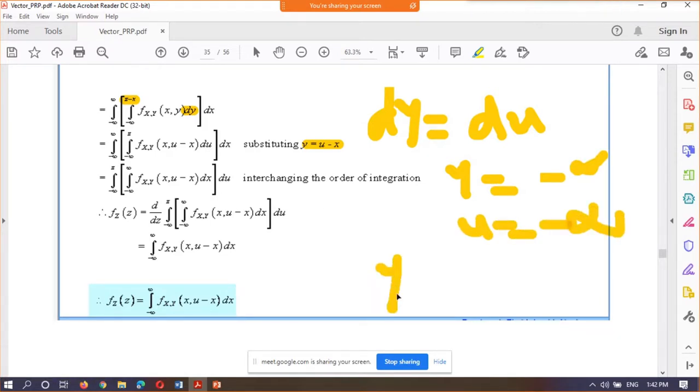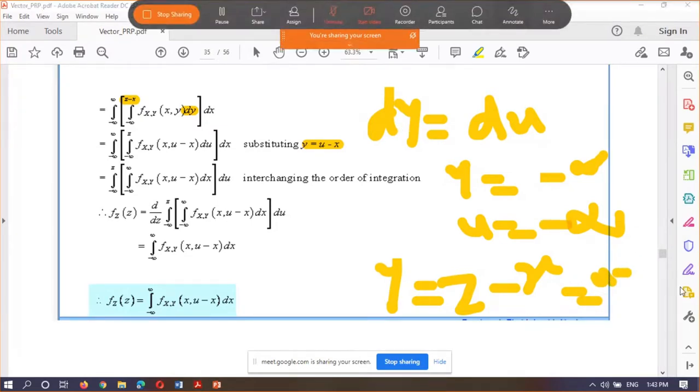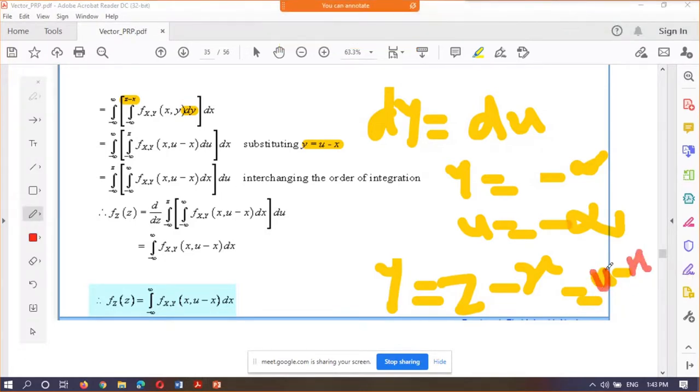But when y equals z minus x, what is the value of u? Since y equals u minus x, the value of u is z. So the variable of integration inside is u going from minus infinity to z, f of x y stays as it is, with y replaced by u minus x, du dx.